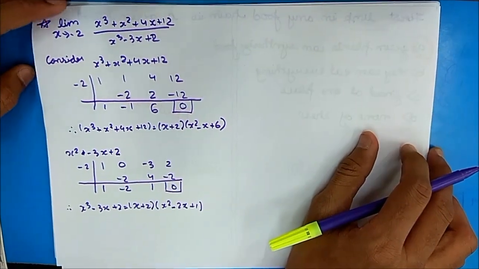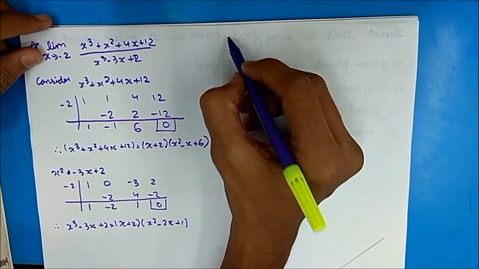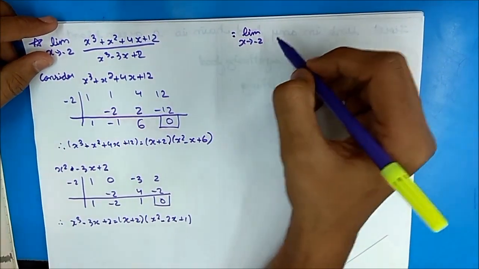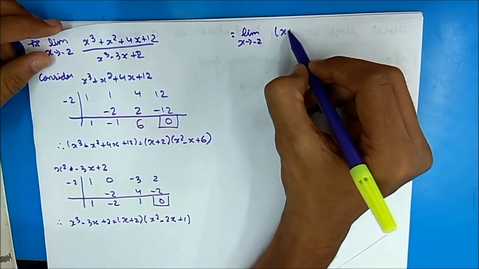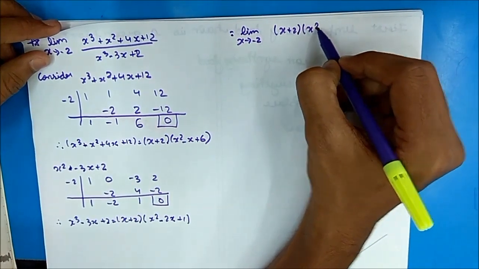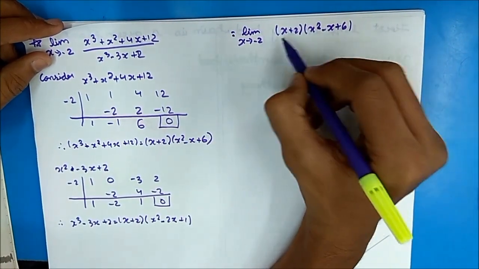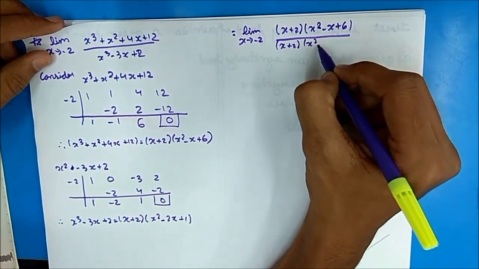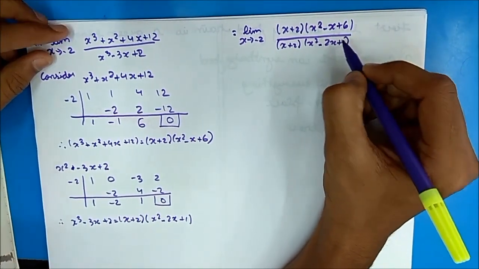So after the factorization we have limit x tends to minus 2, (x + 2)(x² − x + 6) upon (x + 2)(x² − 2x + 1).